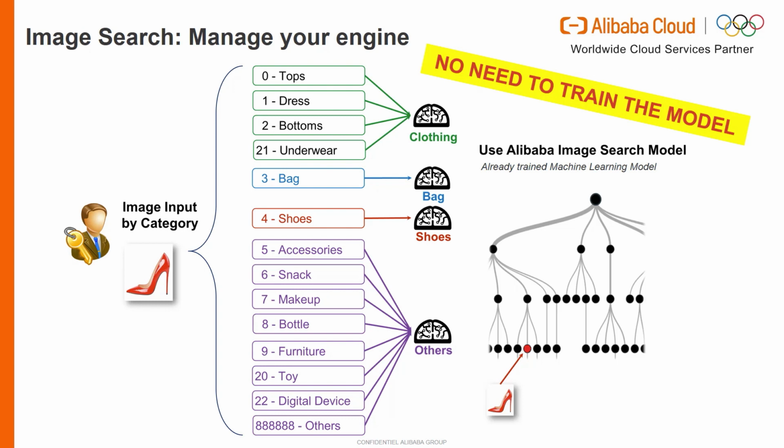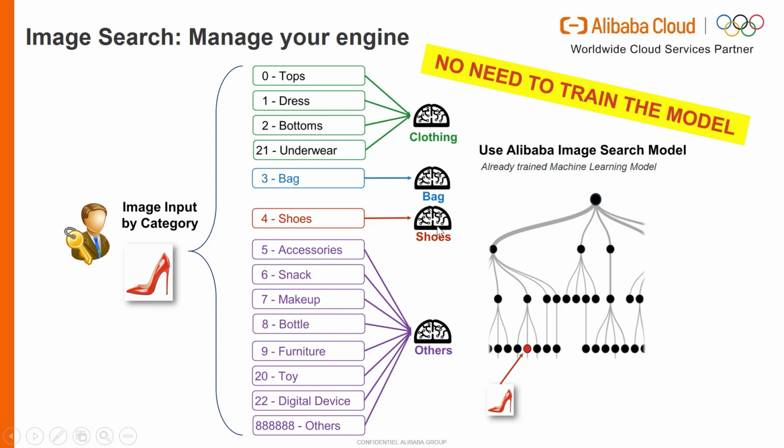For example, if you want to add a new red shoe into the model, you have to declare the shoe ID, the product ID, and also the category number. Here, for shoes, you should choose number 4. And then the model will recognize this information and save it into the shoes model.